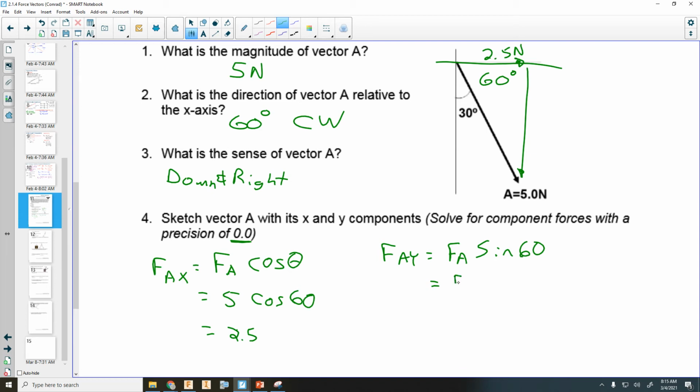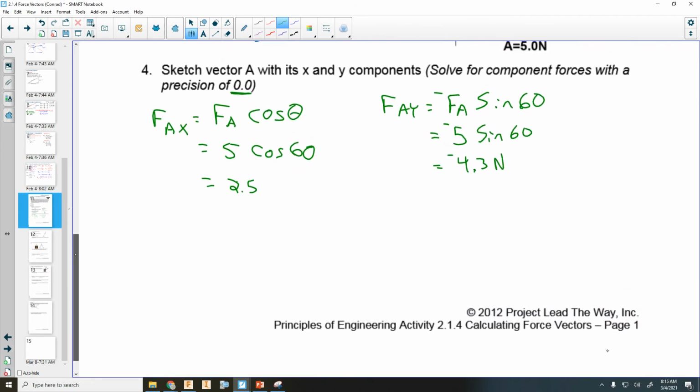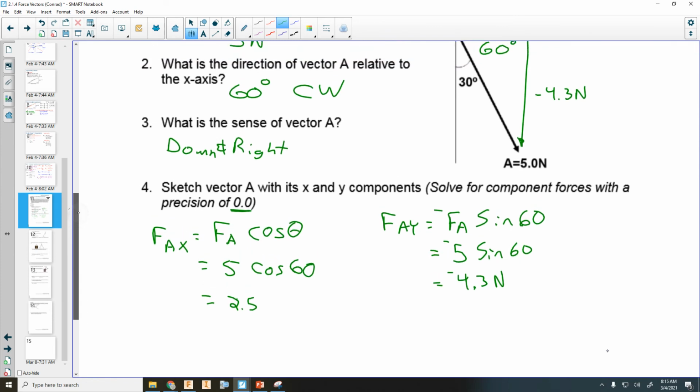That's 5 sine of 60, which is 4.3. And it would need to be a negative because it's going down. Okay? Well, it's almost too easy.